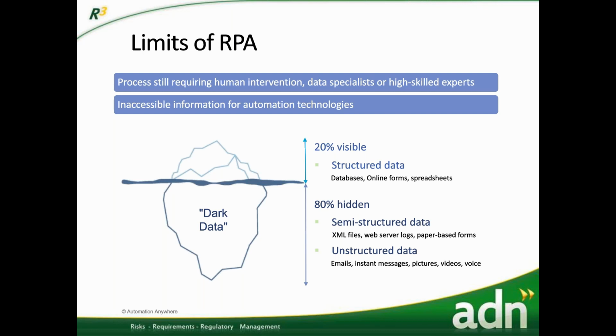Structured data is what we use in databases, online forms, and spreadsheets. Semi-structured data is more like data logs or paper-based forms, and unstructured data is more like emails, pictures, video, voice, but also social network recordings.